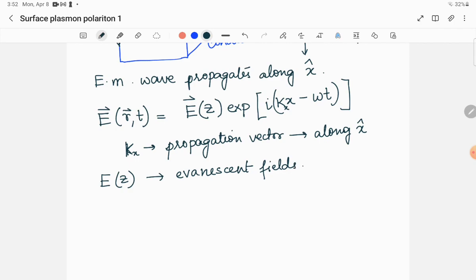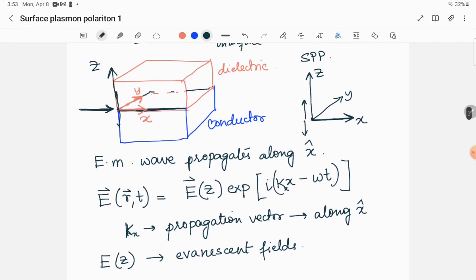What are evanescent fields? Whenever you have electromagnetic radiation confined to a region, in the direction in which the field is not allowed to propagate, you start seeing an exponentially decaying field. Here the wave is propagating along the xy plane, so it is not allowed to propagate along the z-axis.